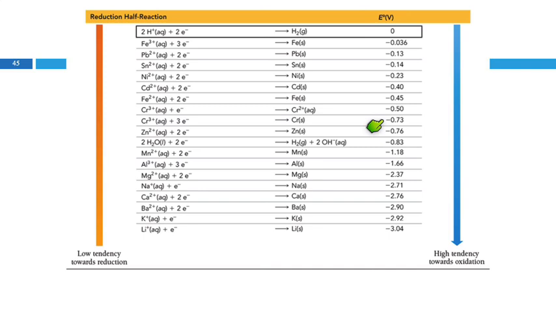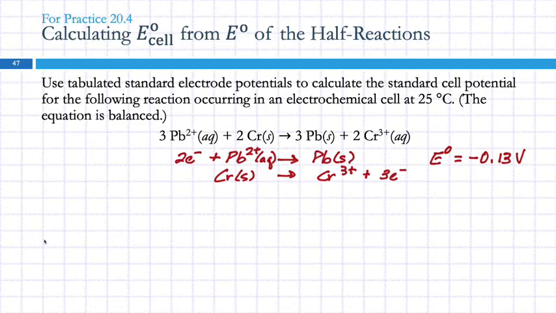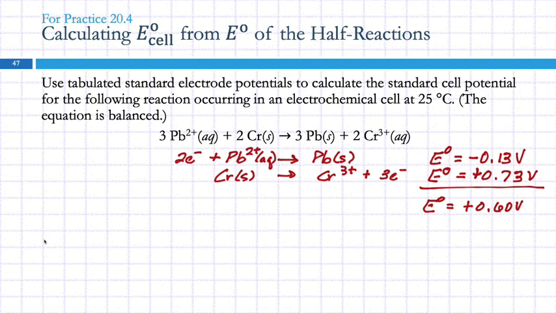Change the sign, because I'm looking at it backwards. So instead of negative 0.73, I'm going to write plus 0.73. These are the two half reactions. To get the cell potential, I add these together. And I get plus 0.60 volts.